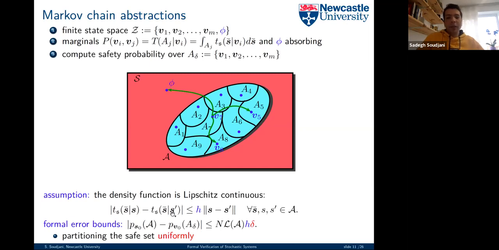And again, to give you some intuition on why we need this assumption: when we do the abstraction here, we replace all the points inside a partition set with only one point. So we are making an error here. We lock all the states in one point.